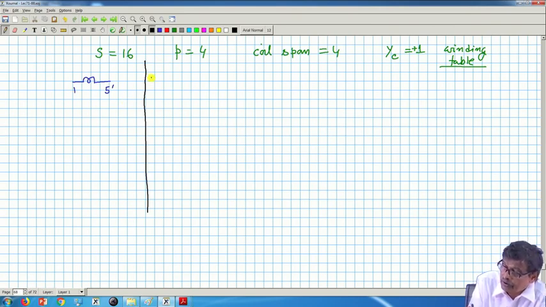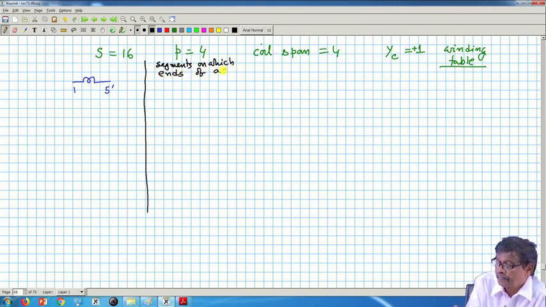So, here you write commutator segments on which ends of a coil are terminated.